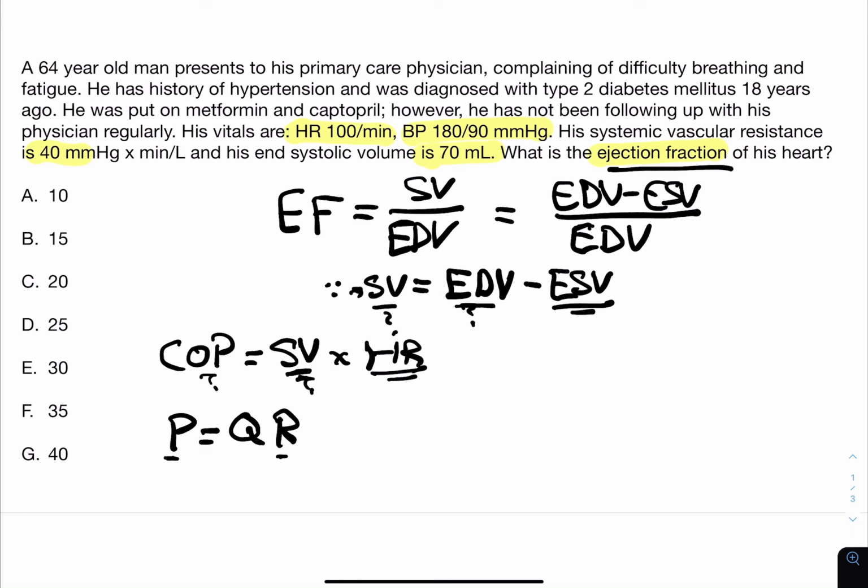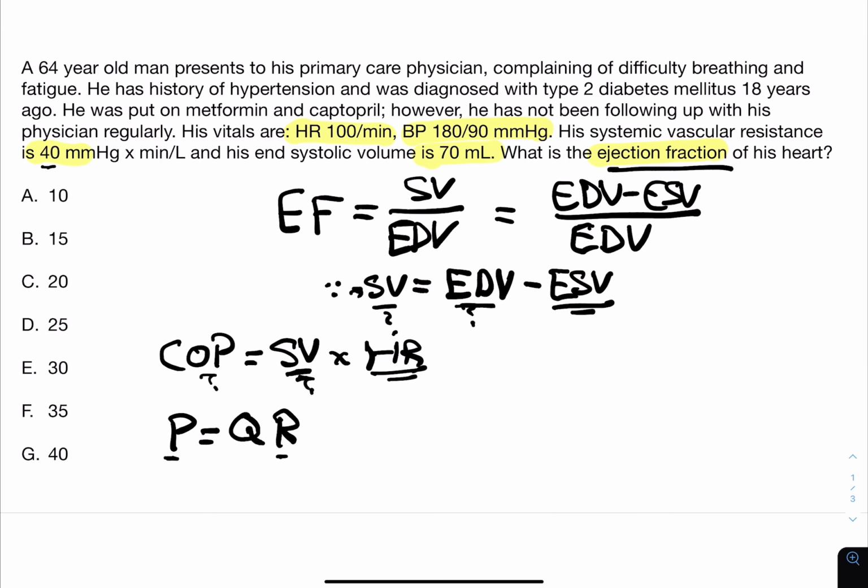And when I saw SVR here, 40, I immediately thought of this formula, because there are only like 2 formulas on Step 1 and 2 that you should know that have resistance. So this formula brings the blood pressure, cardiac output, and resistance together.